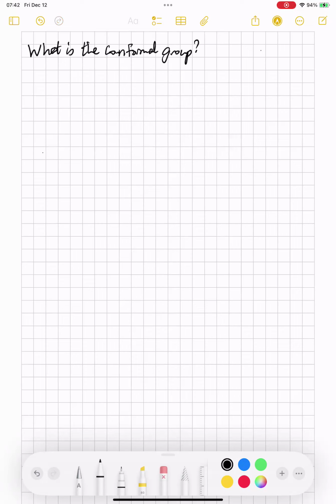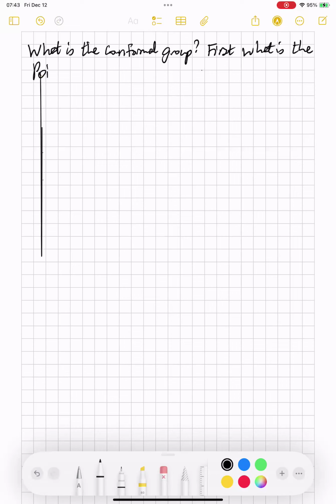We're going to start off by answering a slightly simpler, more familiar question, but the methods will then immediately generalize to the conformal group. So first, let's just ask, what is the Poincare group?